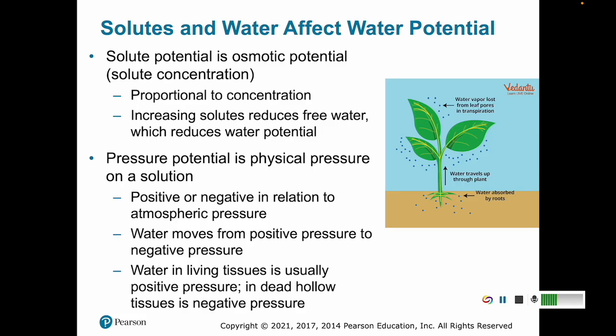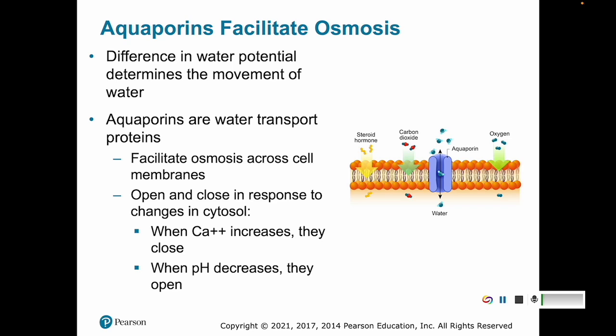This isn't seeing solute concentration, this is just the actual physical pressure being applied to a solution. Water in living tissues is usually going to be under positive pressure, and in dead hollow tissues under negative pressure. So water will move from living tissues to non-living spaces. So that all determines which direction water is going to move.